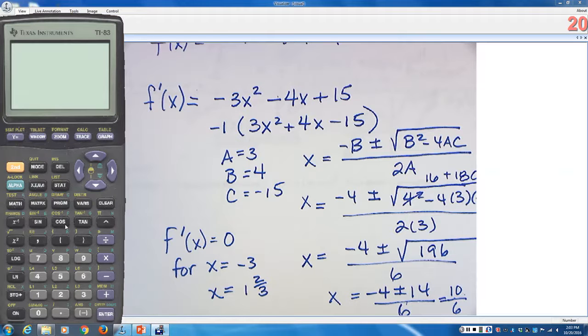So this time I'm really going to do it the hard way. So -3 times -4 raised to the second power, minus 4 times -4, plus 15.